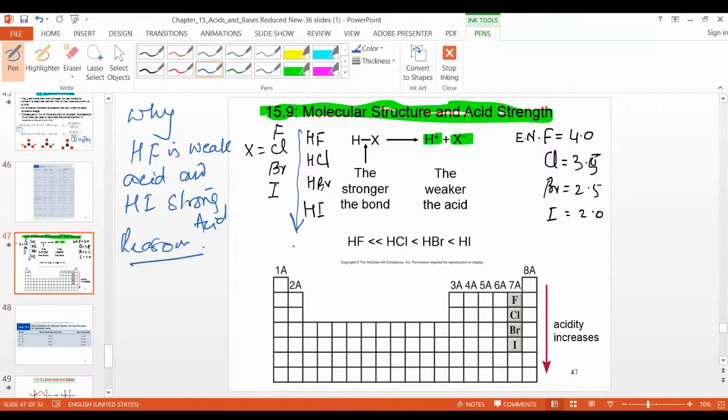I can say it's more down the group, stronger the acidity. Just 2 points. Number one, you will write: stronger the bond, weaker the acid.